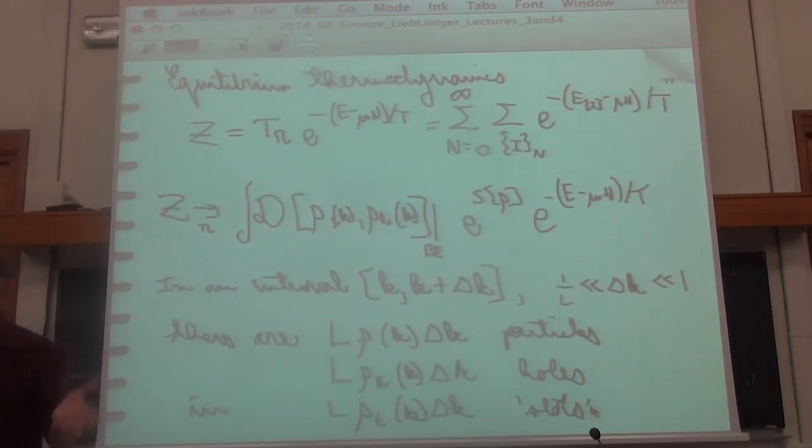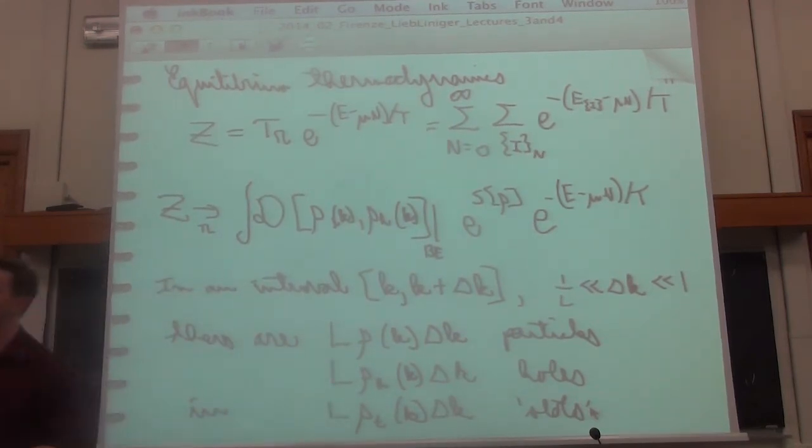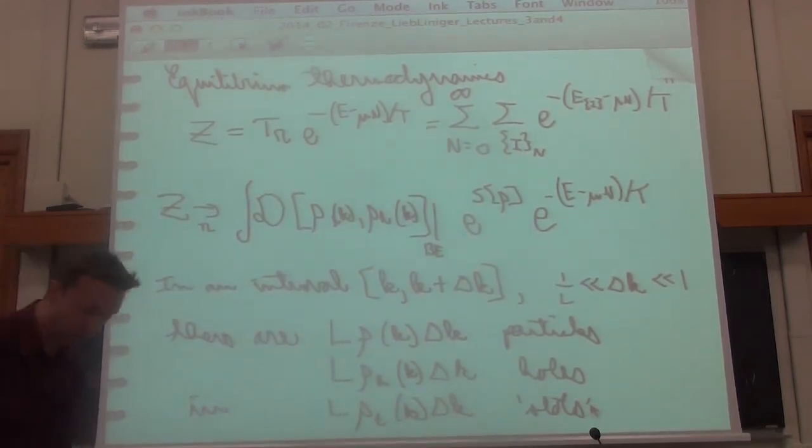But then it's just a fugacity, right? So you just count the number of states that there are in this box. Now you can easily do that because this is simply, you know, this choose this.